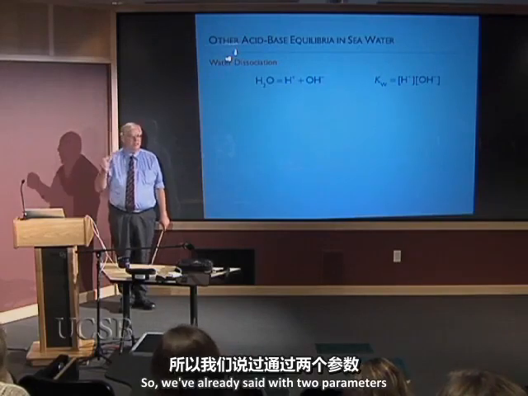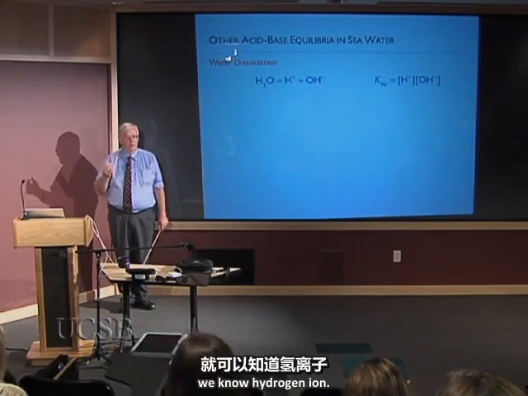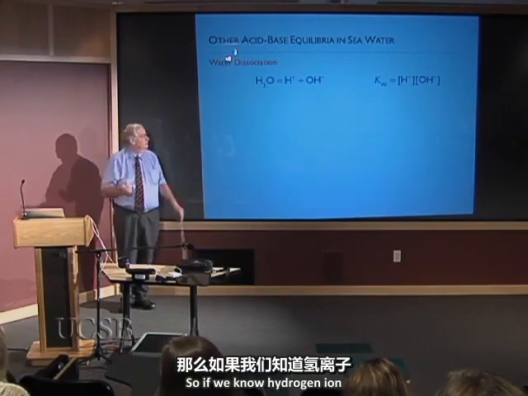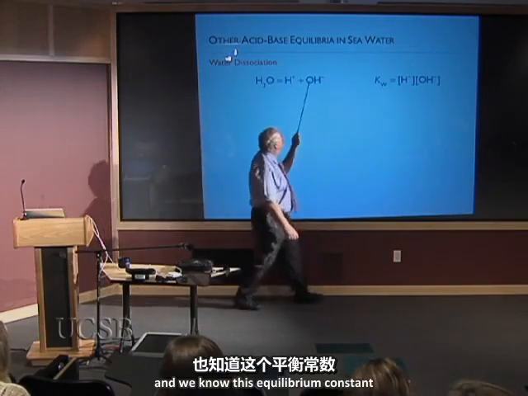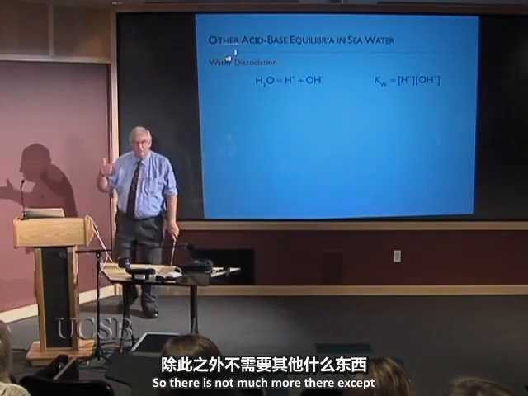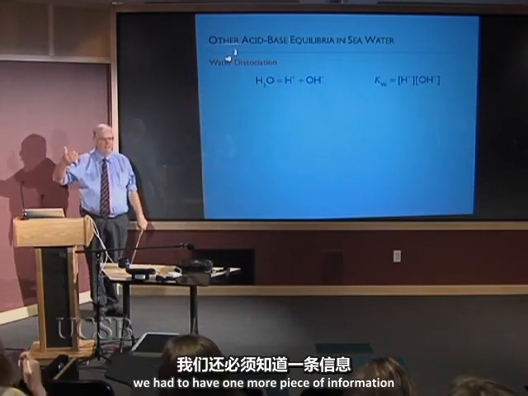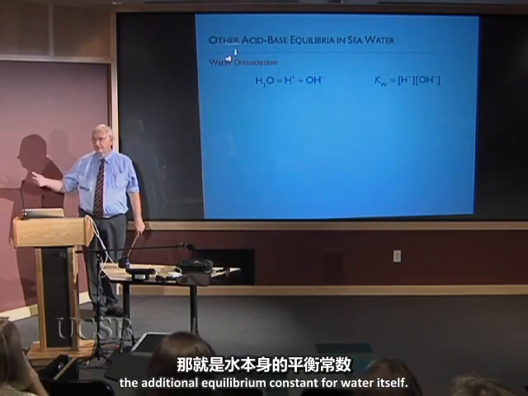So we've already said with 2 parameters we knew hydrogen ion. If we know hydrogen ion and we know this equilibrium constant, we know hydroxide ion. So there's not much more there, except we had to have one more piece of information, the additional equilibrium constant for water itself.